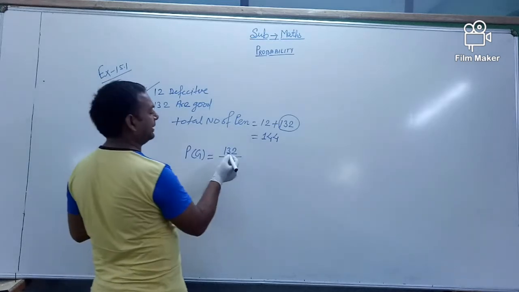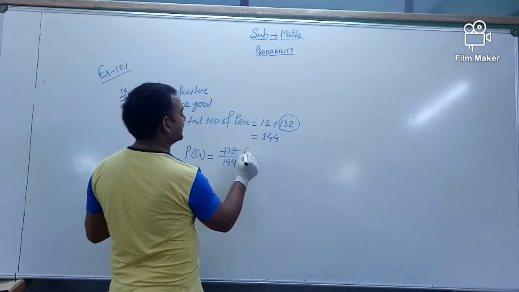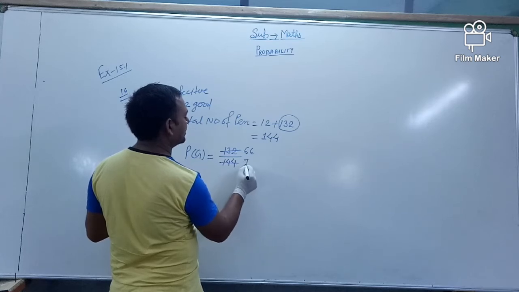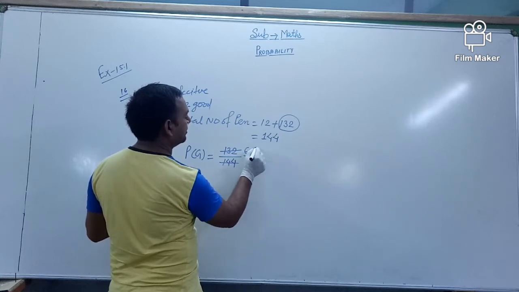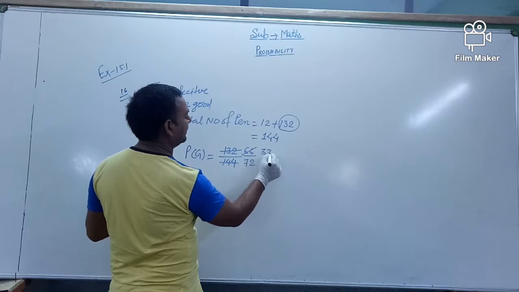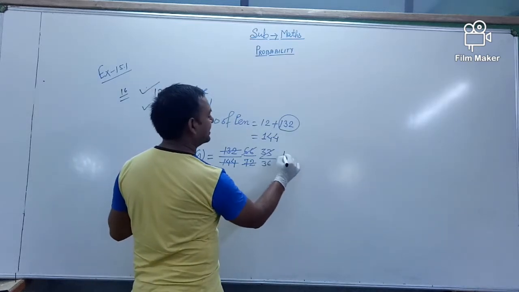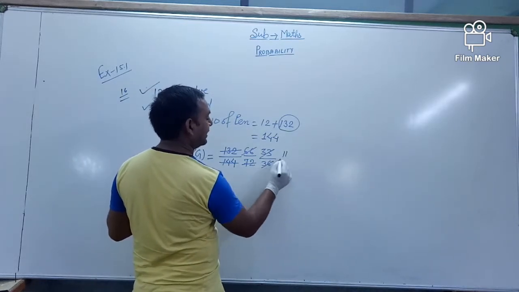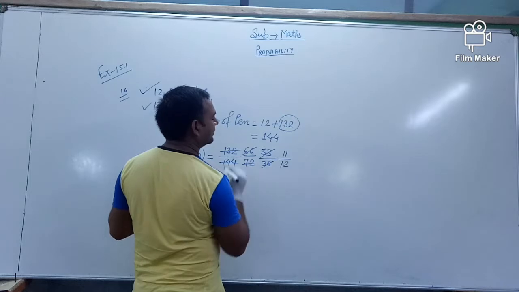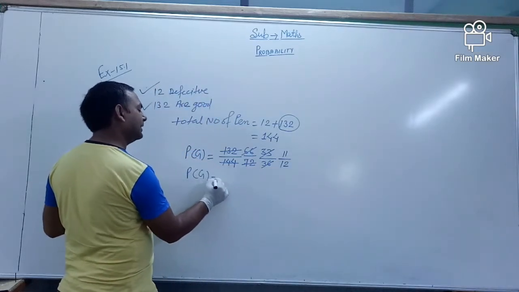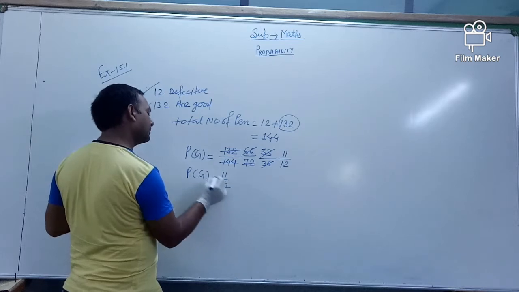Divide by 2: 2 6s are 12, 2 6s are 12, 2 7s are 14, so 66 upon 72. Divide by 2 again, this is 33 and this is 36. Then divide by 3: 3 11s are 33 and 12 3s are 36. So the probability of the good pen is 11 by 12.